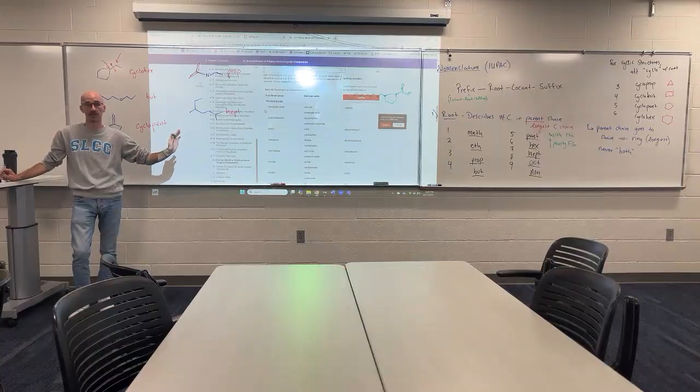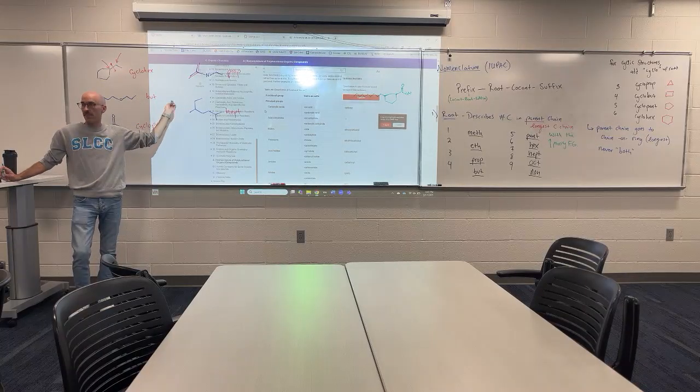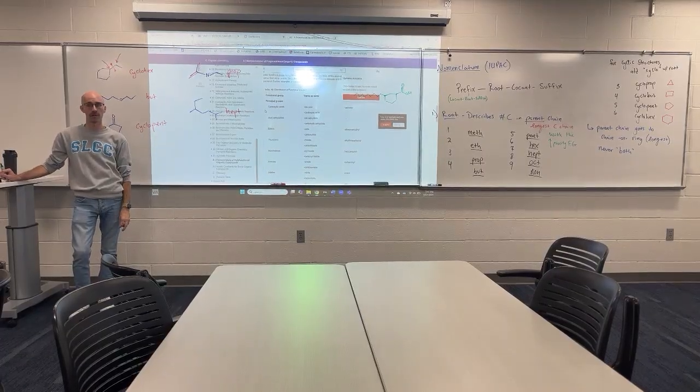How long is that carboxylic acid's carbon chain? Just the one carbon. And then it's the carbons of the ring, and then that 10 carbon chain. And those are not the parent of the molecule.